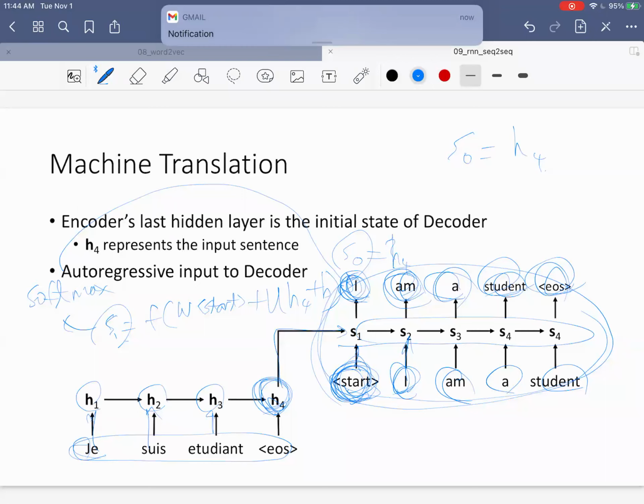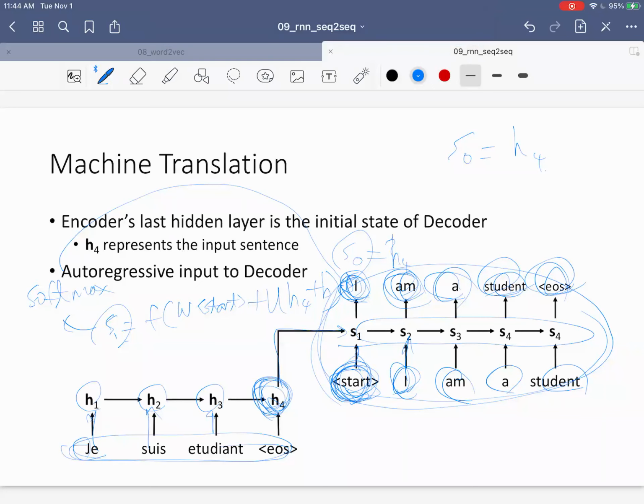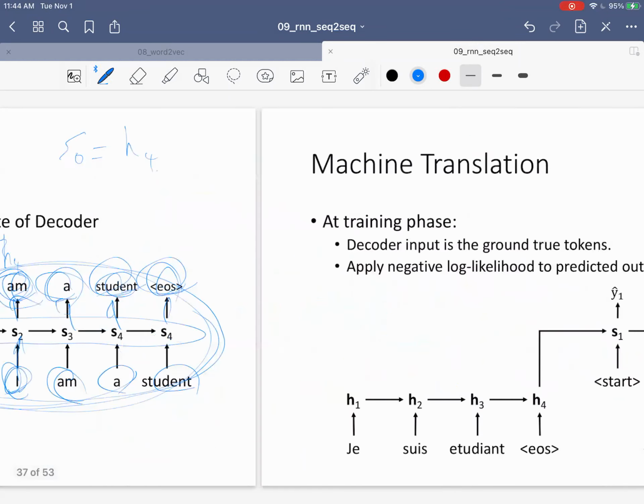That's what happens on the decoder side. In the encoder, you put your "Je suis étudiant" and only take H4 as your output, then use H4 as the initial hidden layer for your decoder, and the decoder you simply train like a language model. If you remember language modeling, you predict the next word at each time step, right? That's what happens in the sequence to sequence architecture.